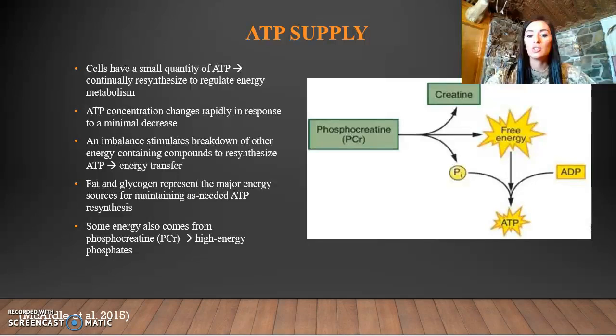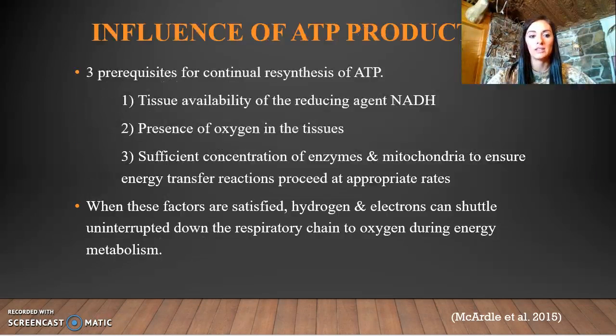Fat and glycogen represent the major energy sources for maintaining as-needed ATP resynthesis. Some energy also comes from phosphocreatine, which is called high-energy phosphates. Phosphocreatine is the large reservoir for ATP.